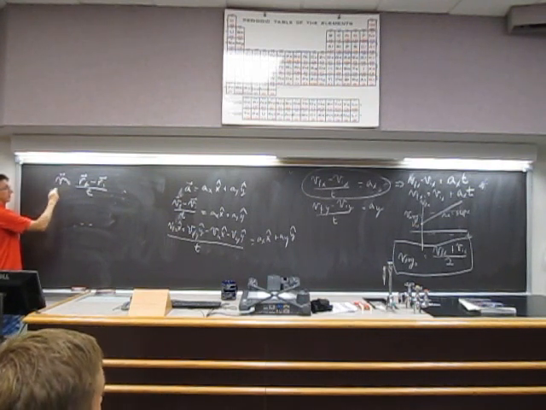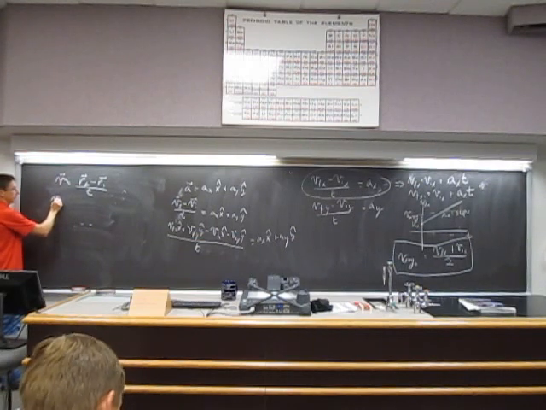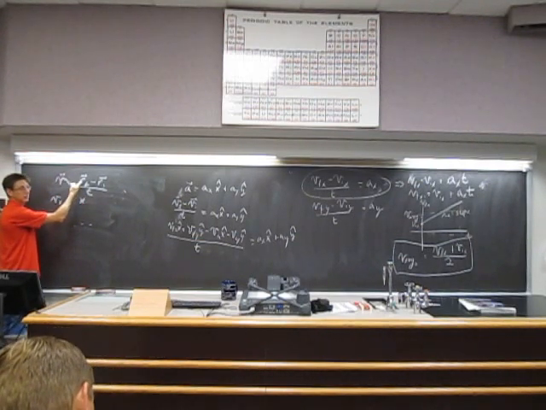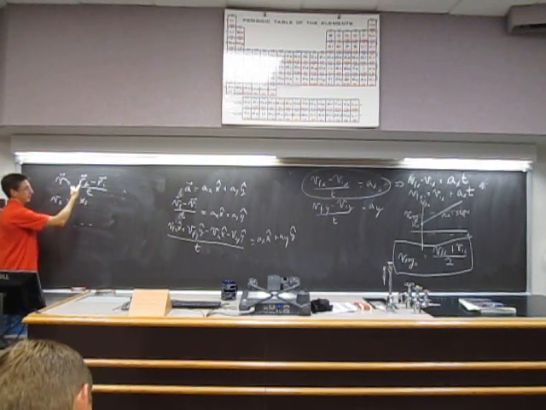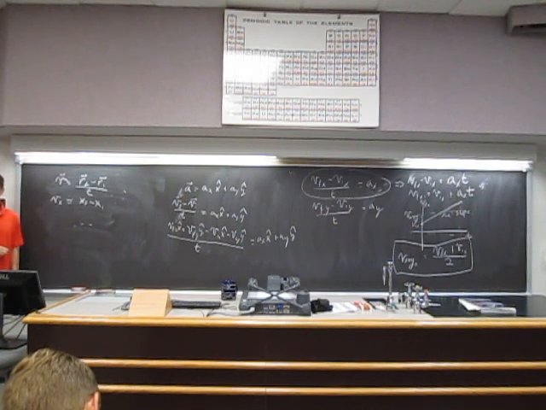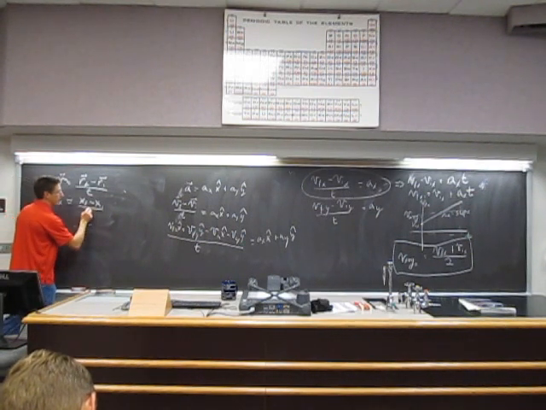If I were to write this out in components, I would see that the velocity in the x direction would be the final x position minus the initial x position divided by the time it took.